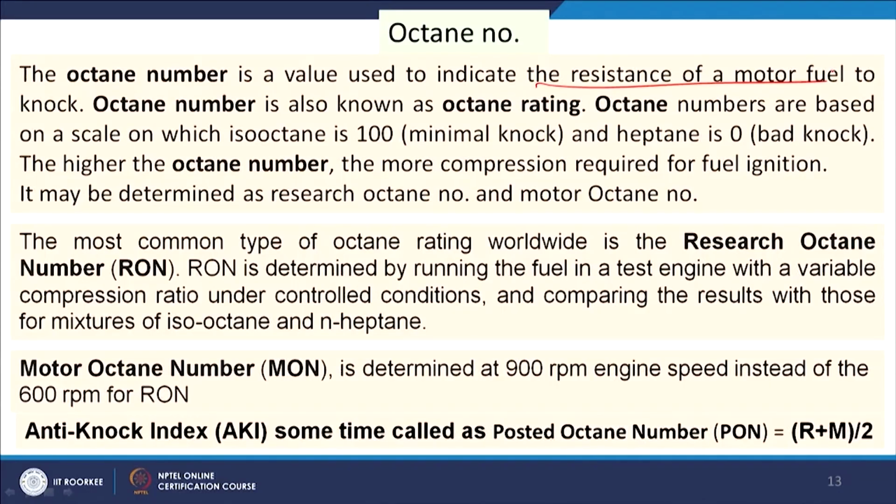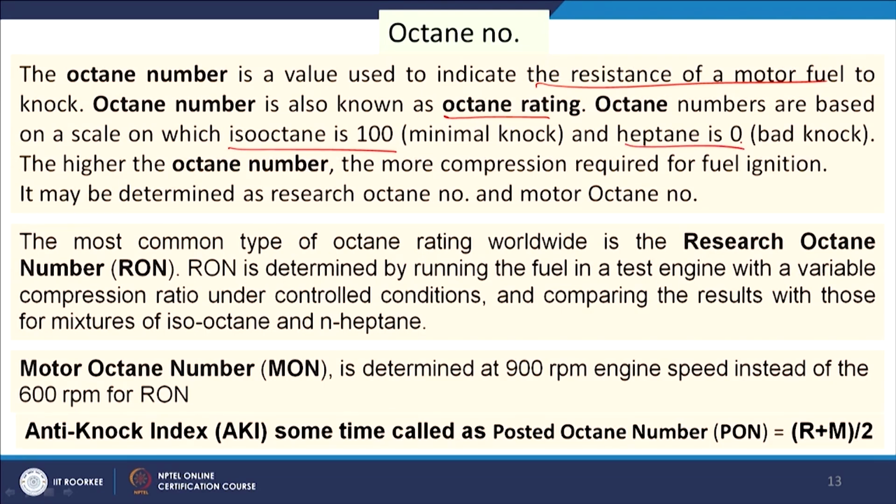Octane number is a property of gasoline and it is related to its knocking property. It indicates the resistance of a motor fuel to knock. So, the higher the octane number, the higher the quality of the gasoline, and this is also called octane rating. Octane numbers are based on a scale on which isooctane is 100 and heptane is 0.